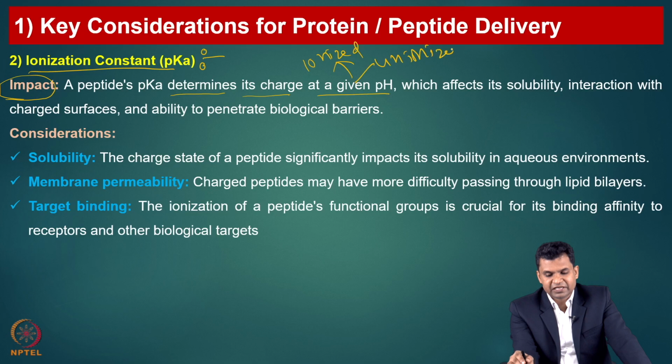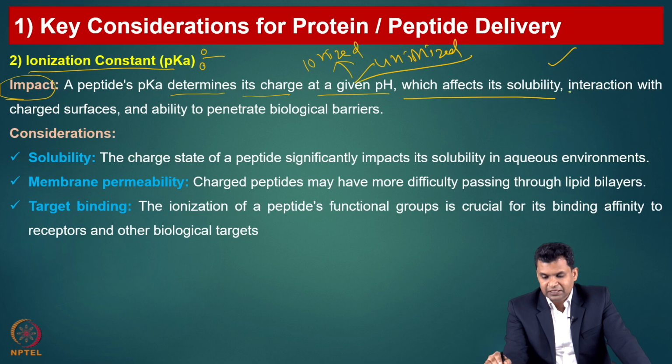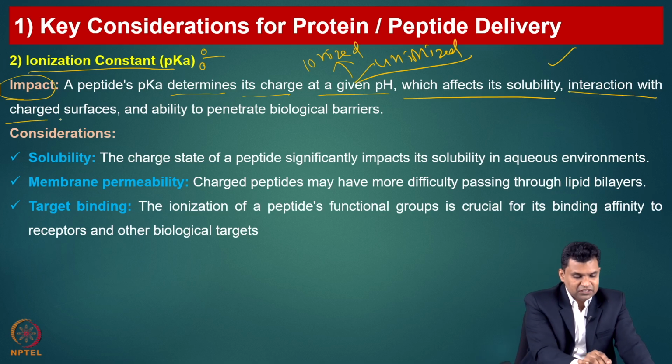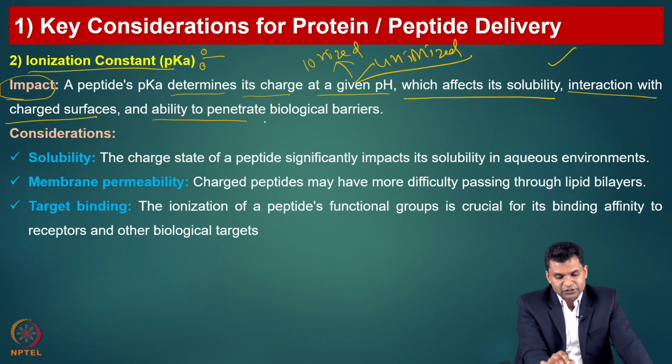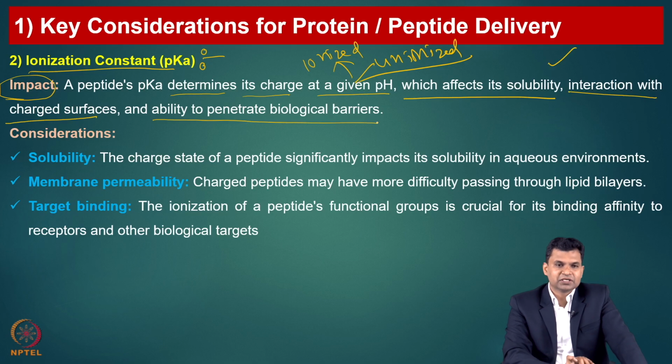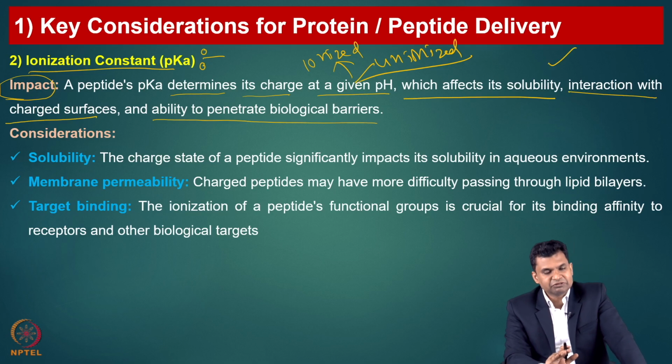That is very important for absorption as well as solubility, and it affects interaction with charged surfaces and the ability to penetrate biological barriers. That is why we need to know the ionization constant of your molecule before developing a formulation.